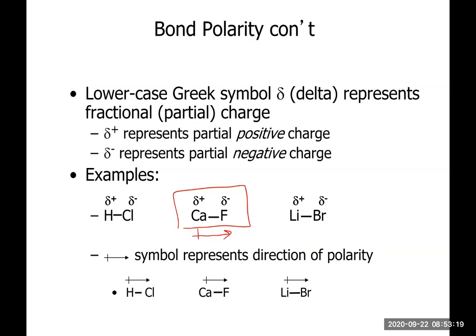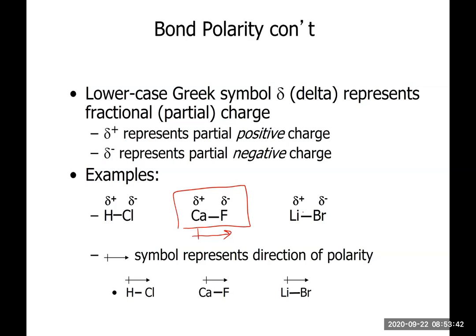Lithium bromide, again, bromine all the way on the right side of the periodic table, lithium all the way on the left side of the periodic table. So lithium is not very electronegative. It does not want negative charge or electrons associated with it. It wants to give them up. So it's going to have a partial positive charge while bromine has a partial negative charge.